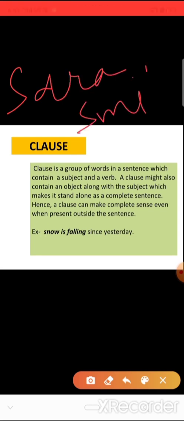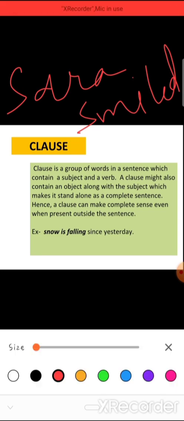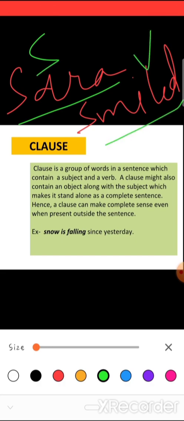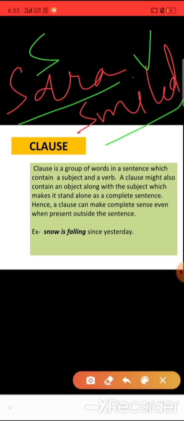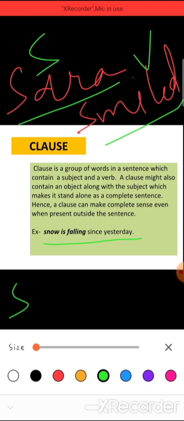Sarah smiled. A complete sentence because it has a subject and a verb: who we are talking about, Sarah, and what she is doing, she is smiling. That means it is a complete sentence. If I take an example from this side, here we can see snow is falling since yesterday.